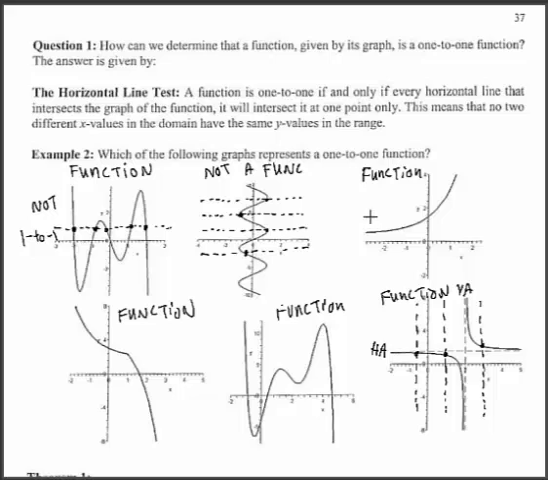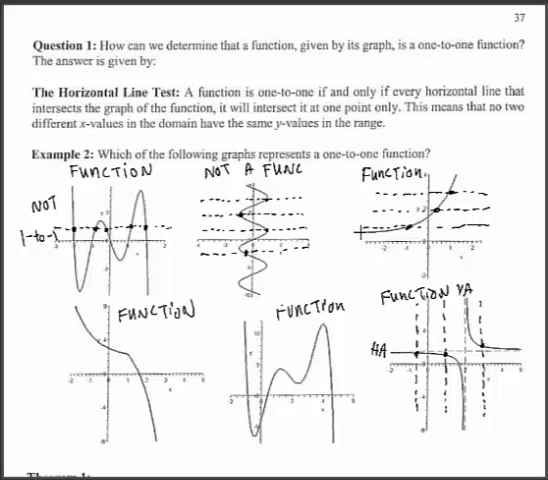What about this function? Well, it looks like it flattens out through here, but it probably still has a slight slope to it. If I imagine drawing horizontal lines at various locations along the y-axis, any place along here, I only hit it once.